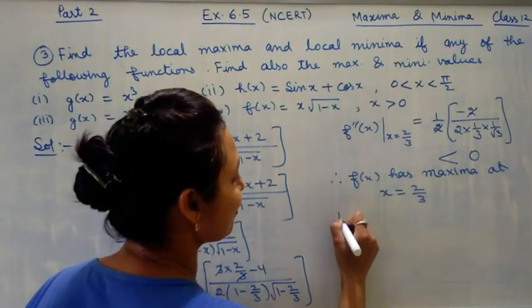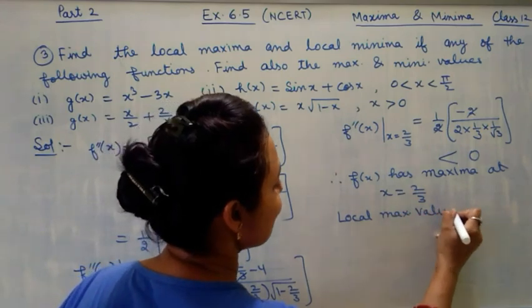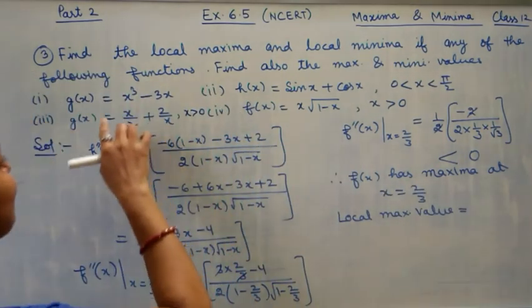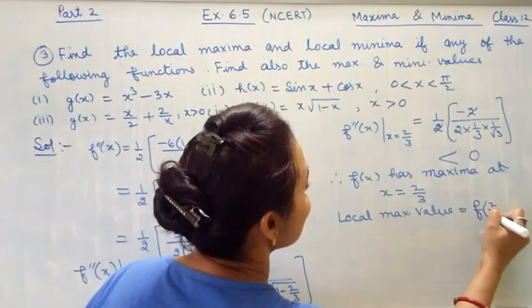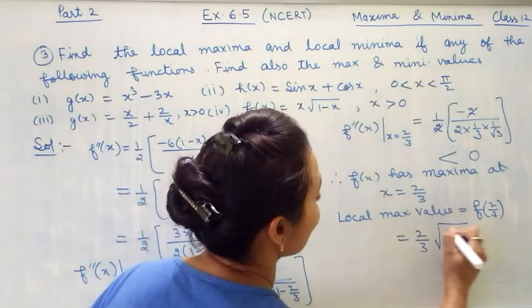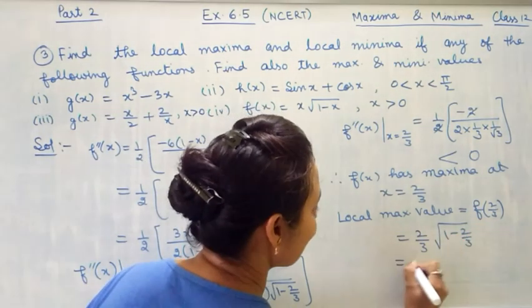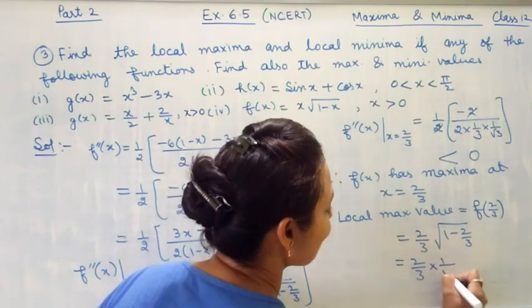Now I will put the value of the local maximum into the function, that is given as x root 1 minus x, that is f of 2 by 3, right? I will put the value 2 by 3 under root of 1 minus 2 by 3. So when you solve it, it will equal to 2 by 3 under root of 1 by root 3.